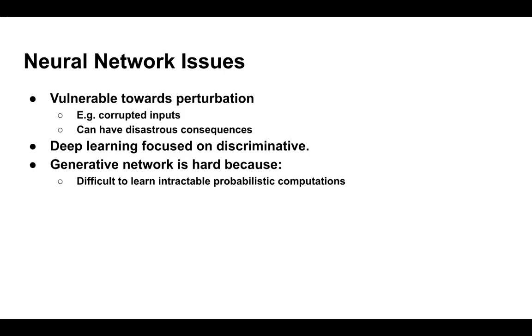But the problem is that if you are not careful enough, they are very vulnerable towards perturbations. For example, say you have corrupted inputs, where someone perturbs the input by just a little bit, and that can cause the neural network to predict something drastically different, and this can have disastrous consequences.